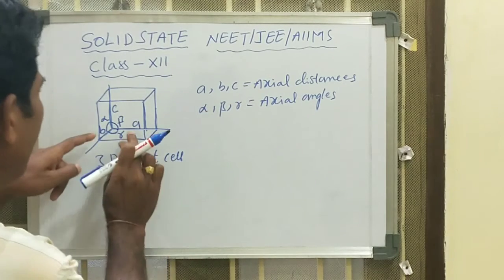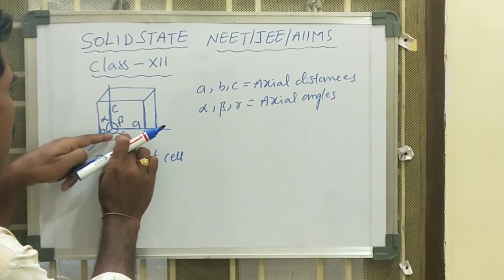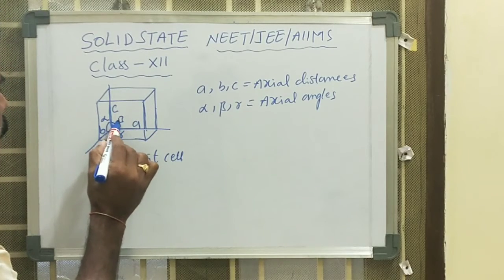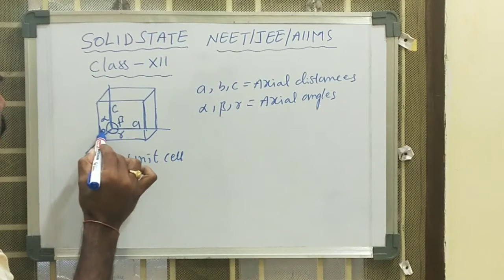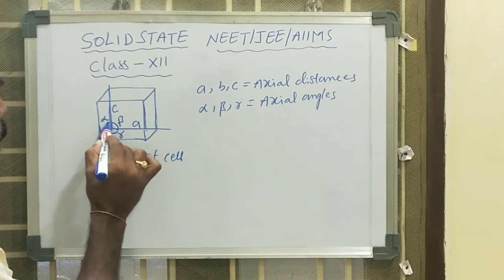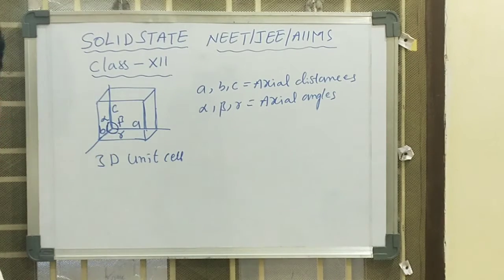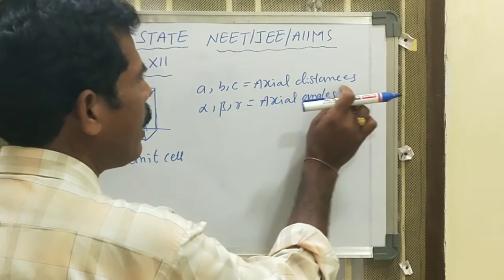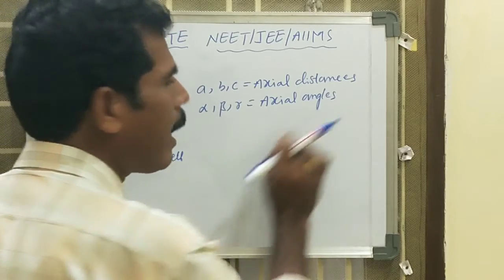So between A and B, the angle is gamma; between C and A, it is beta; and between C and B, it is alpha. So A, B, C are axial distances and alpha, beta, gamma are axial angles.